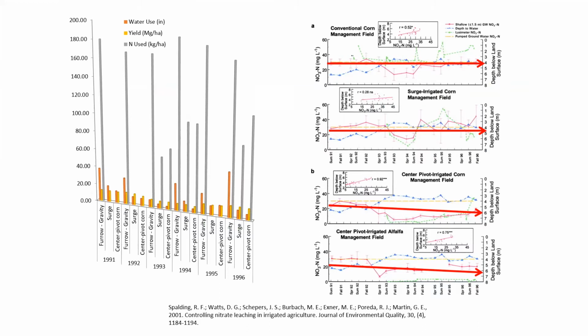And the bar graphs show that we really had no effect to yield. We used much less water under the pivot irrigated field. So this was one of the first studies where we could actually confirm that using less water resulted in lower nitrate leaching rates.